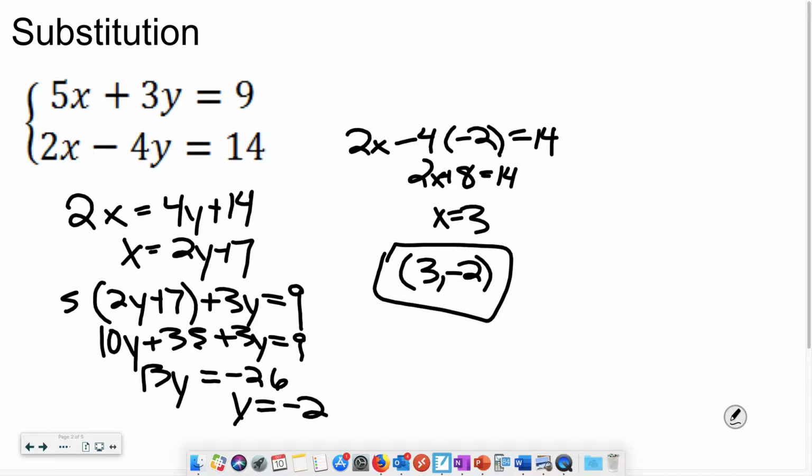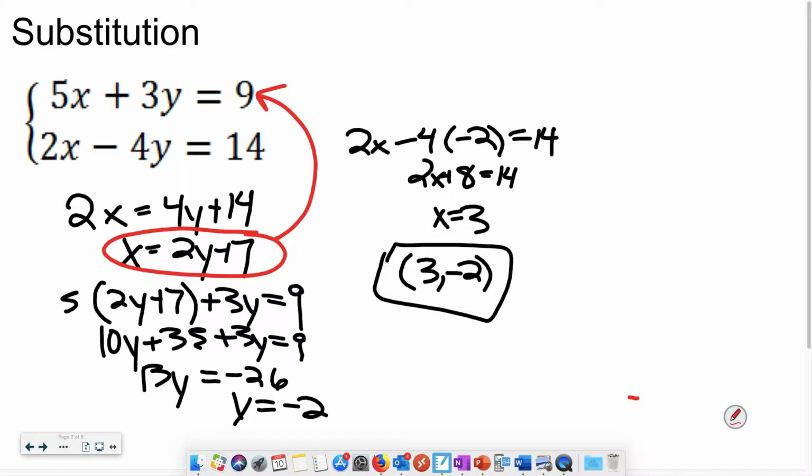Thank you very much. So she took the second equation and solved for x so that she could take x and plug it into the x in the other equation. So she solved for x in the second, plugged it into x in the first to get the y equals -2. And just like in the other one, we could pick either equation to throw -2 back into to solve for the x.